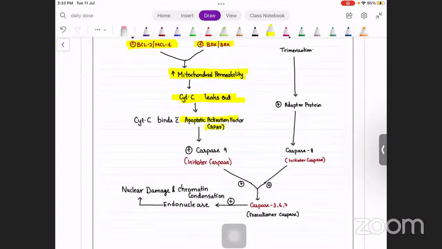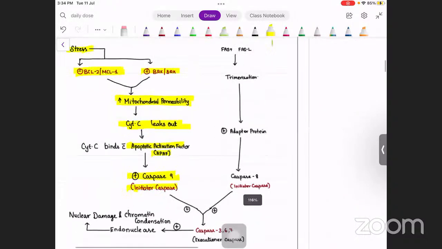It will bind with APAF, that is your apoptotic activation factor, and cytochrome C and APAF binding will stimulate caspase 9, which is the initiator caspase in your intrinsic pathway. So what is the intrinsic pathway?